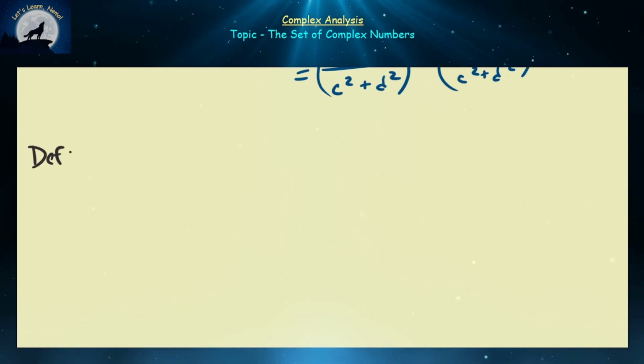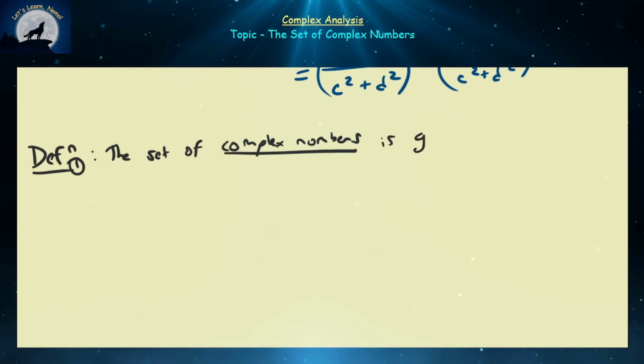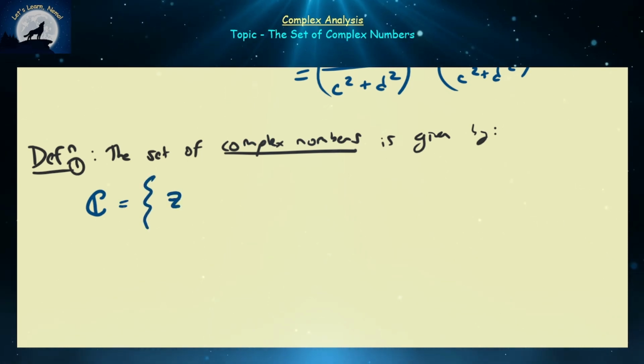Let's define our new set of numbers, which is sometimes called the set of complex numbers. The set of complex numbers is given by the following. Most of the time, people denote the set of complex numbers by this fancy letter C. And this is the set of all objects of the form z, where z can be represented in the form x plus iy.